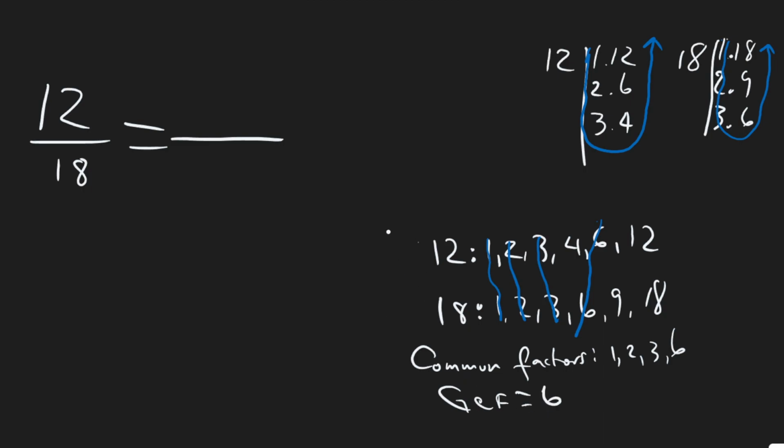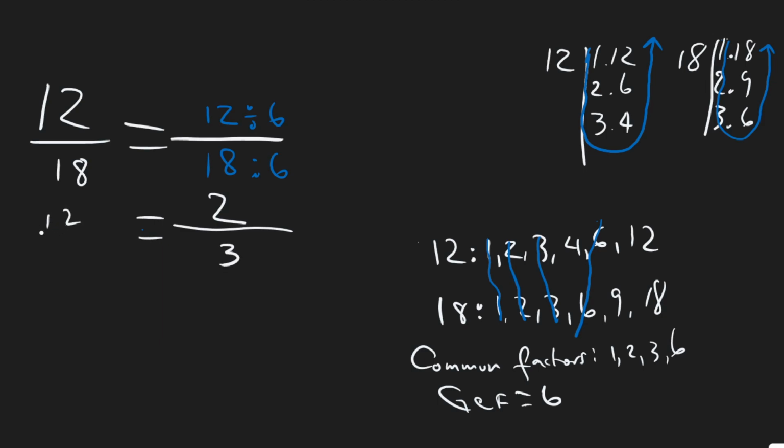Oh, that's 6 again. So what we're going to do? We're going to divide each number evenly by 6. So this is 12 divided by 6 and 18 divided by 6. So 12 divided by 6 is 2, and 18 divided by 6 is 3.